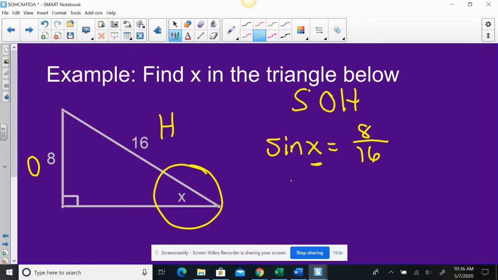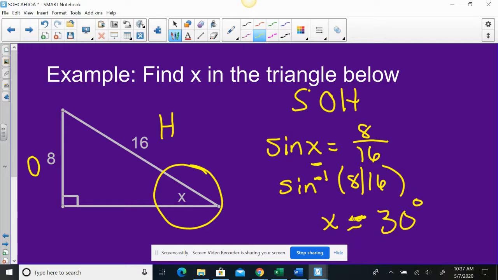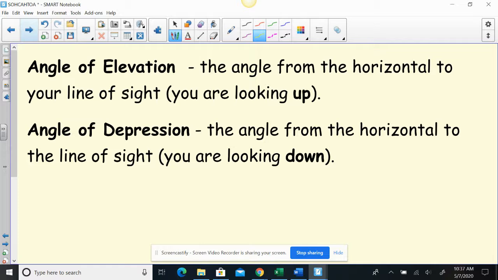If I'm solving for the angle, I'm going to do the inverse of sine of 8 divided by 16. If you are one that just sees that that's really 1/2, you could do the inverse of sine of 1/2. Either way, you're going to get a nice even number for this one. So I actually don't even need my about because it's exactly 30 degrees.